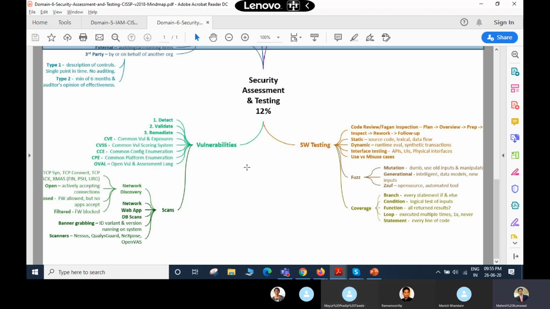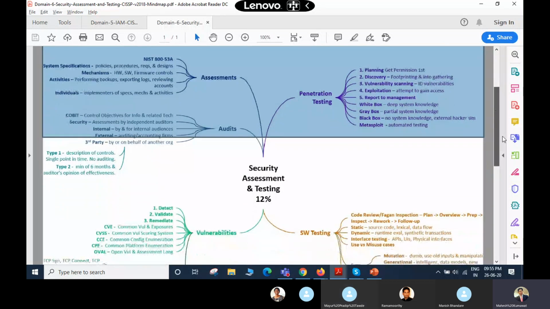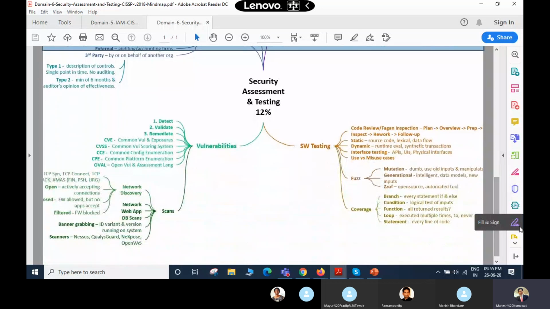You need to remember the different types of vulnerabilities, so try to work on the vulnerability side as well. Penetration testing you can do once you have software availability, and a little information about software testing is also very important.